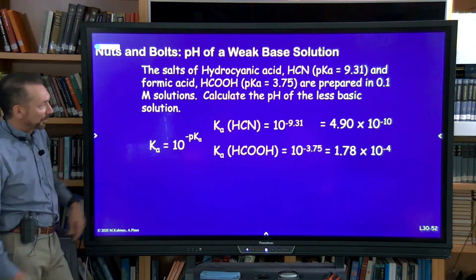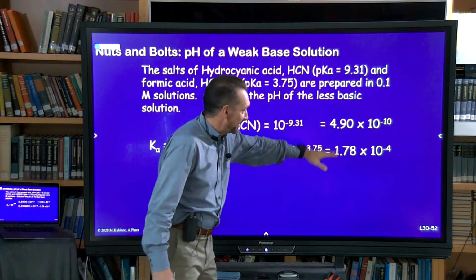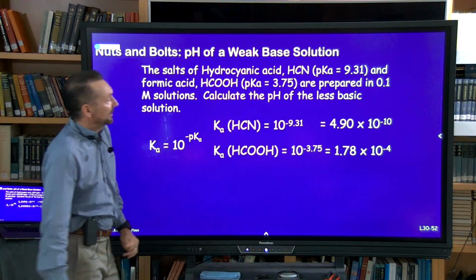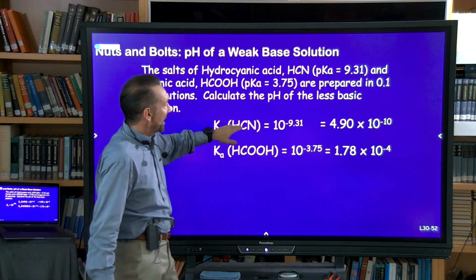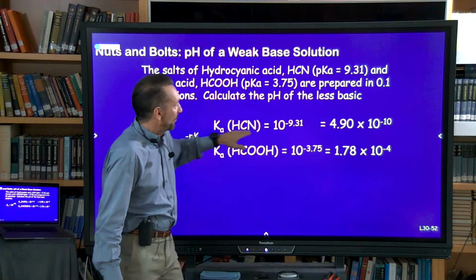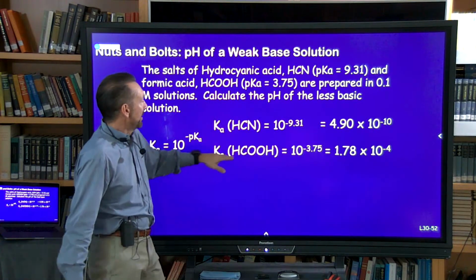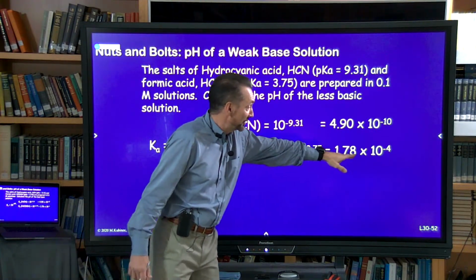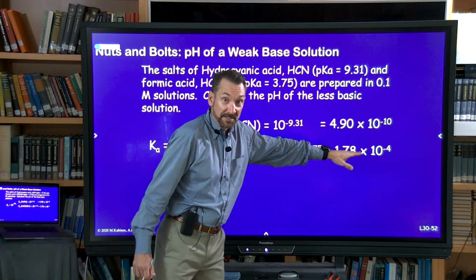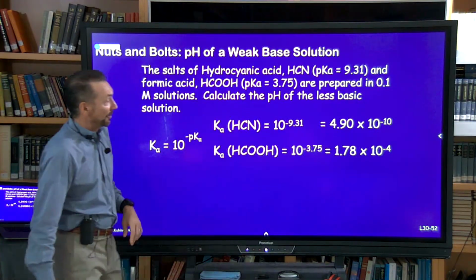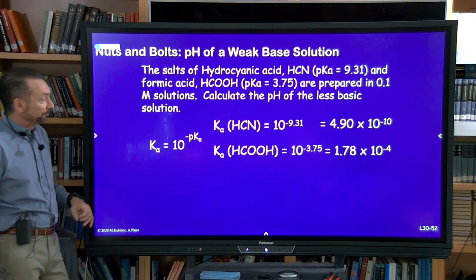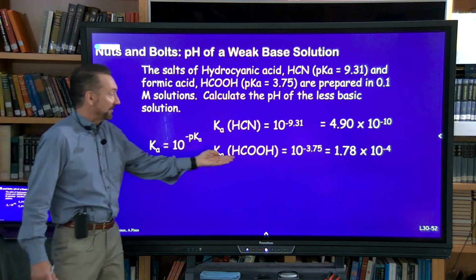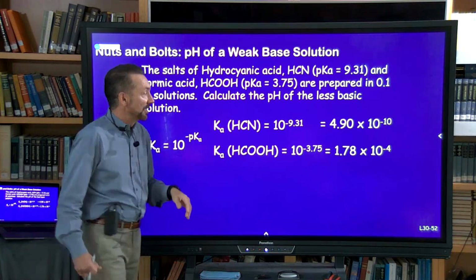We don't have to do that. We can work with fractional exponents, but there it is. So you can see that HCN is quite a horrible acid, 10 to the minus 10. This formic acid is a reasonable acid. It's a weak acid. K is less than 1, but not a horribly small number. Formic acid is the acid that is present in ants in their stings.